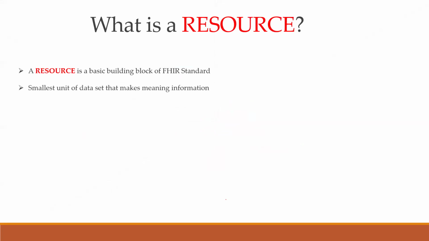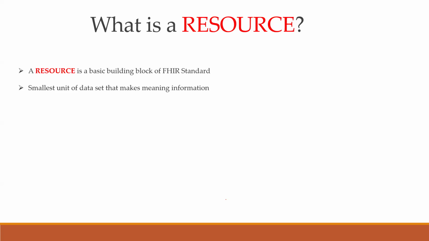Any smallest data set that makes some meaningful information is called a resource. For example, patient registration data. Let's say a patient is getting registered. His basic information, with patient demographic details like first name, last name, date of birth, gender, patient identifiers like SSN or passport number, and his address and phone number.